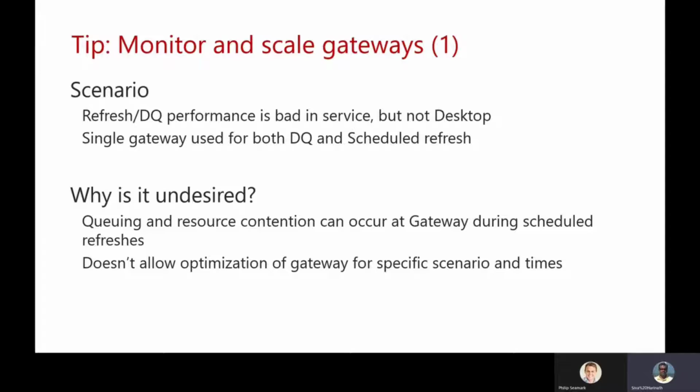There is a minimum configuration which we recommend, which you should look at in the documentation. But beyond that, we want to make sure that you have monitors on the gateways, monitoring resource usage in terms of CPU and network, so that if you need to scale up, scale down, or scale out, you can actually do this with the gateways.